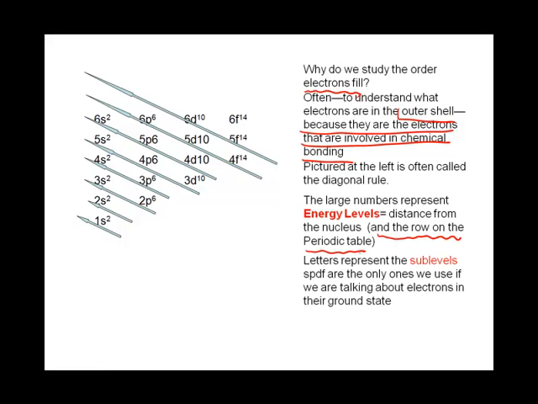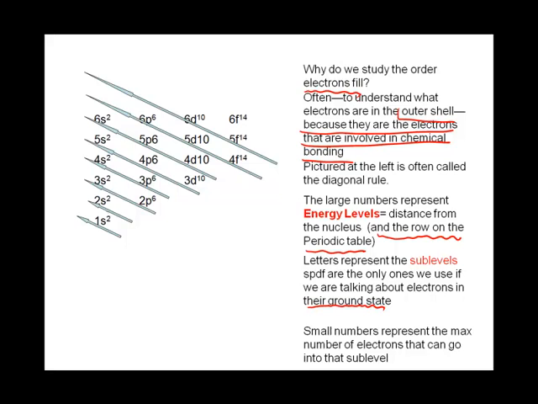The letters represent the sublevels. S, P, D, and F are the only sublevels that we're going to talk about when we're describing the electrons in the ground state, as we are in this current process, the Aufbau process.